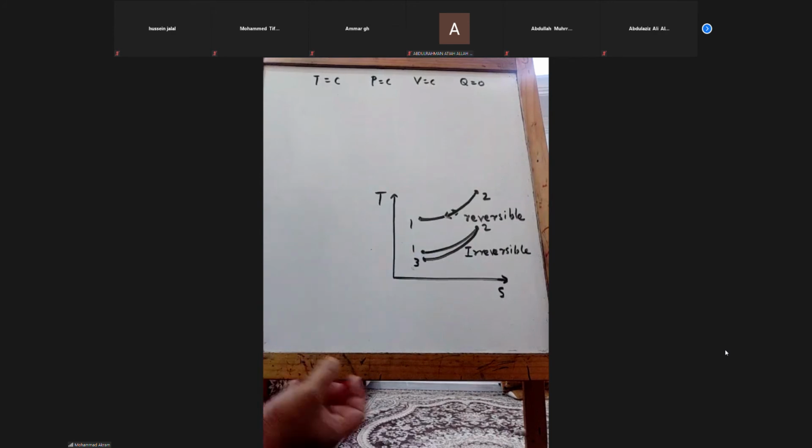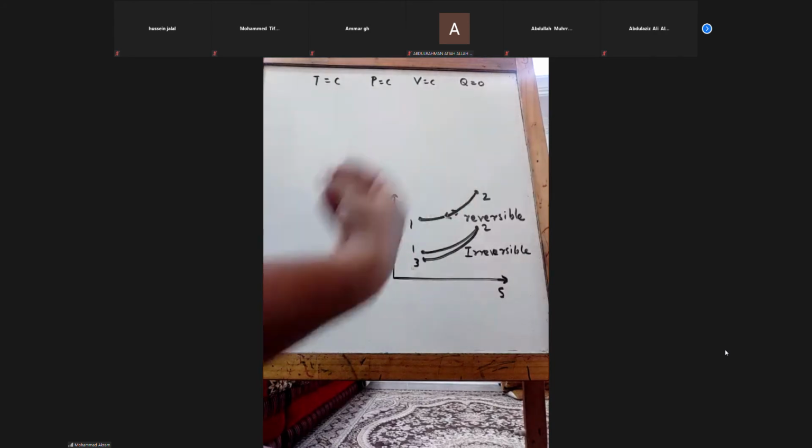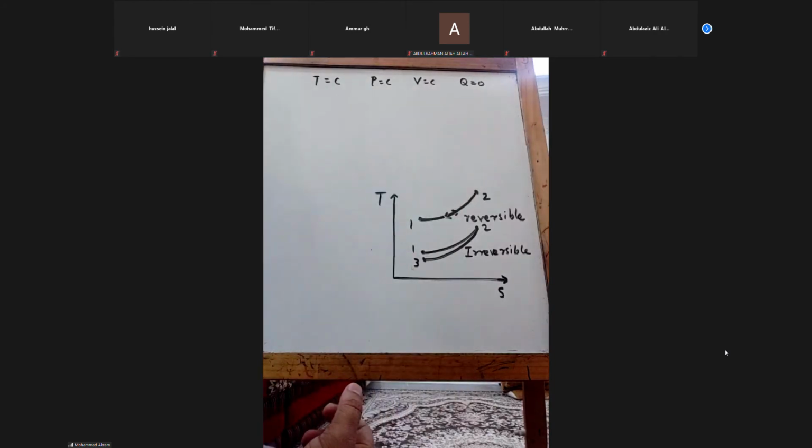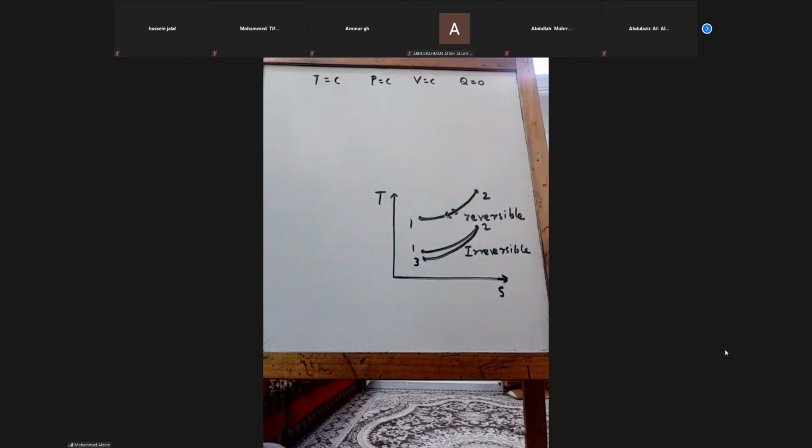For example, if you are heating water, some water may become vapor and go out of the system, right? Now we cannot bring it back into the system. So mass is gone. Some irreversibility will be there all the time in real processes, but we are considering the reversible process.